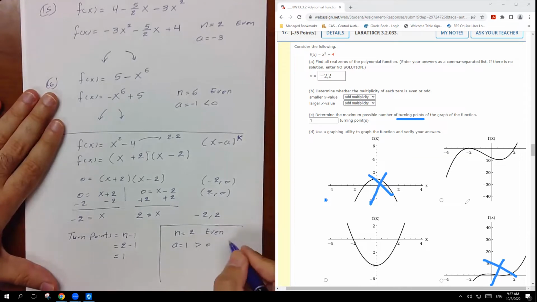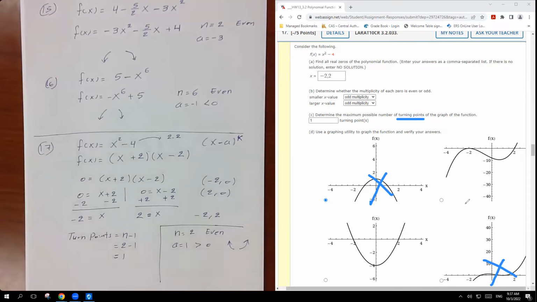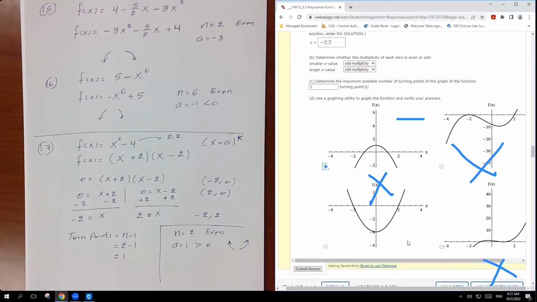That means both sides are going up. I can't choose this one because this side is up and this side is down. So this is wrong, and the right option is going to be this one.